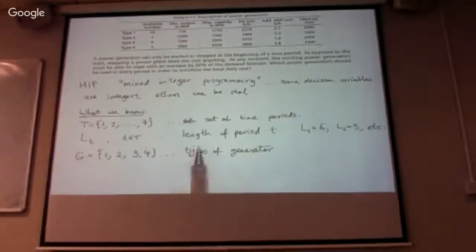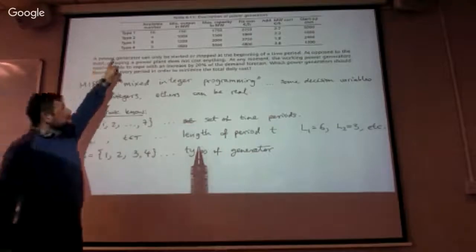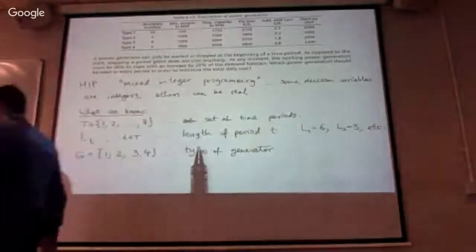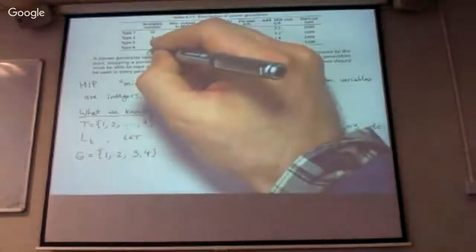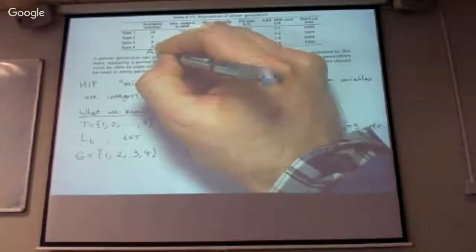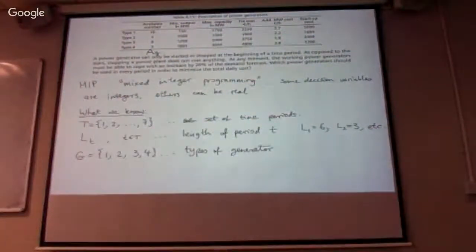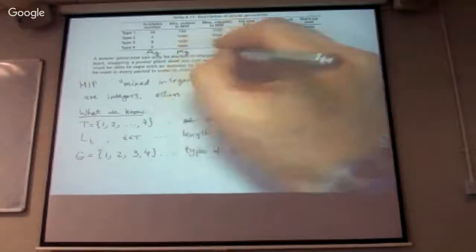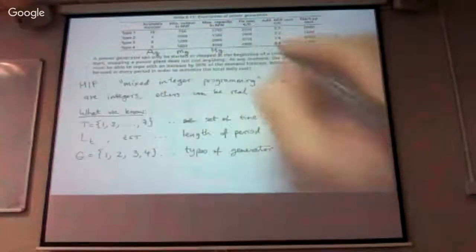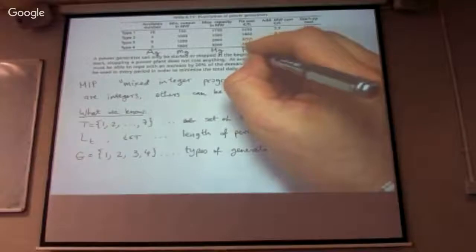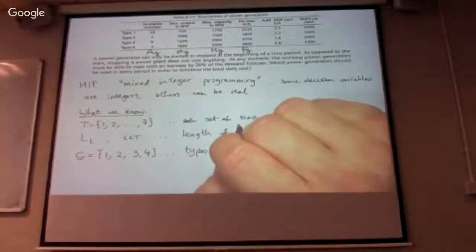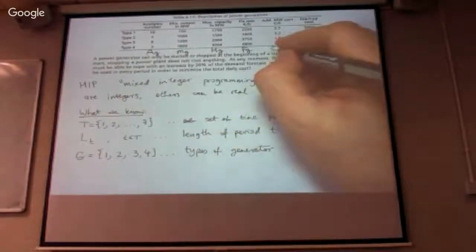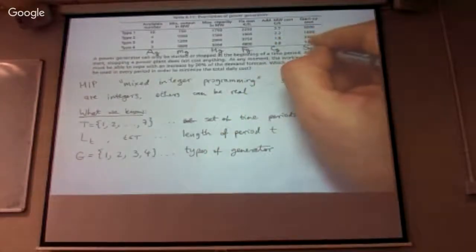And then for each of the types, we know these things. Available of G, that's the number available. Minimum, okay, so I'll use little m, big M for maximum. Fixed. Additional. Let's call it C for cost, and S for startup cost.